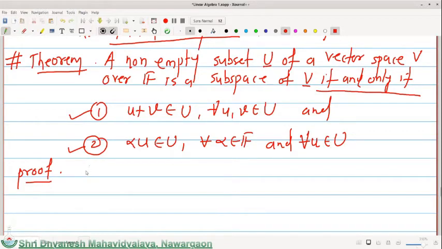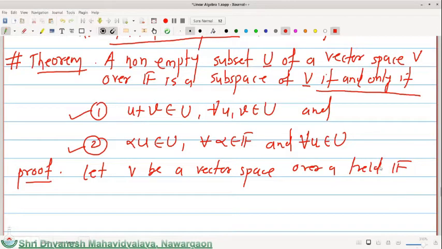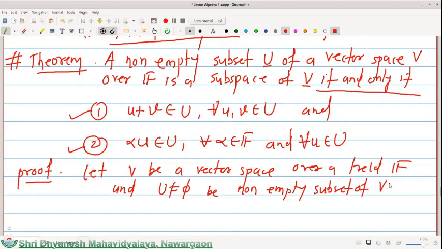Let V be a vector space over a field F and U be any non-empty subset of V.